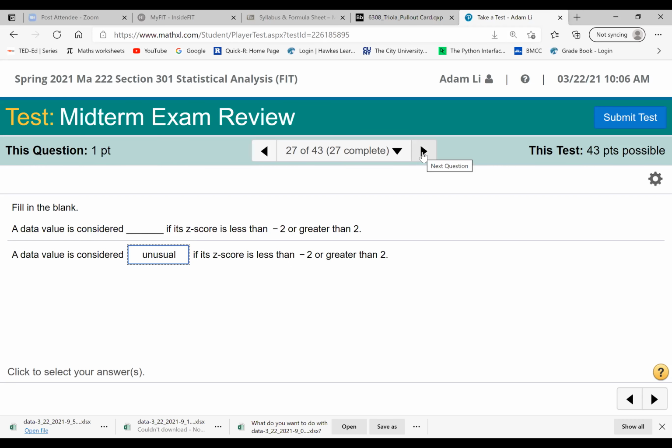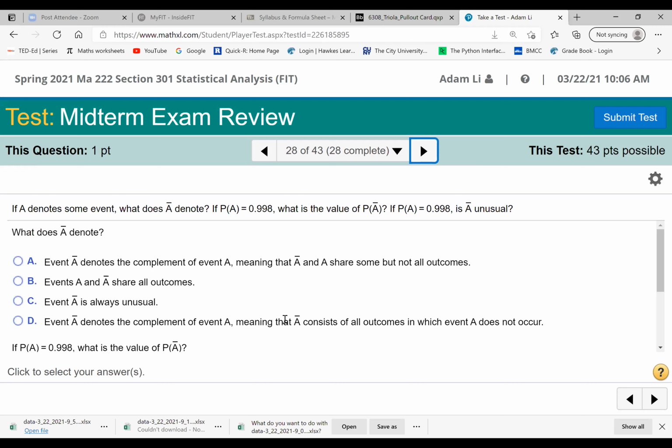All right, questions 27 and 28. It's about complement events. Event A denotes some event. What does A bar, with the line on top, denote? We call this the complement event, the complement of event A. If the probability of event A is 0.998, what is the probability of the complement of event A?